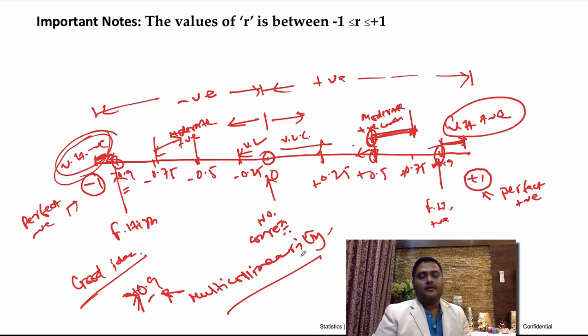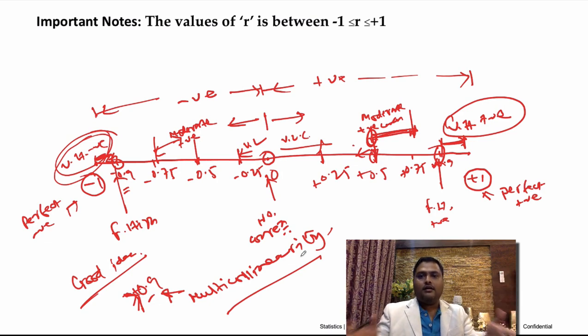If you refer to different books, papers and journals, you will see different types of parameters or segments, bifurcations between -1 and +1.